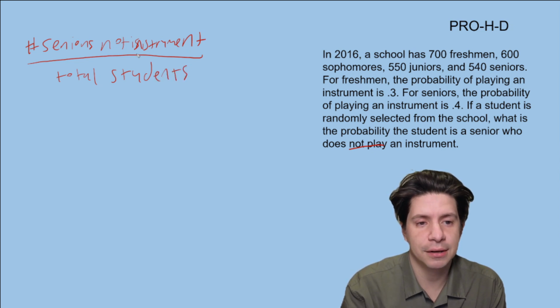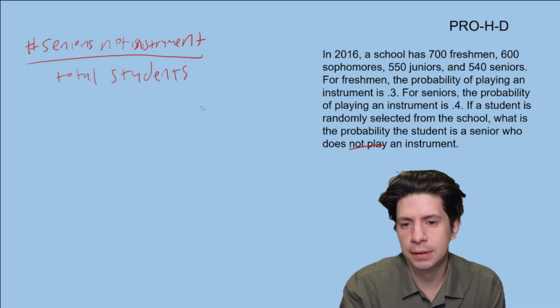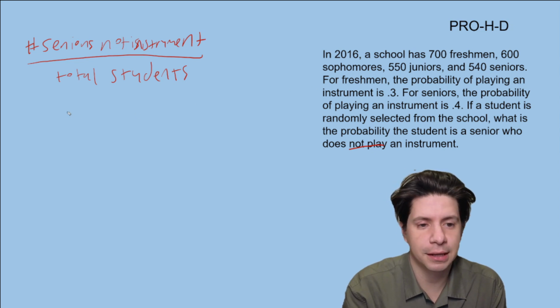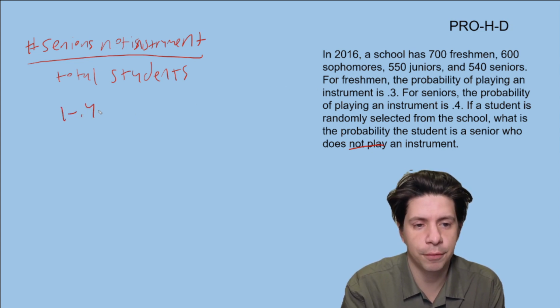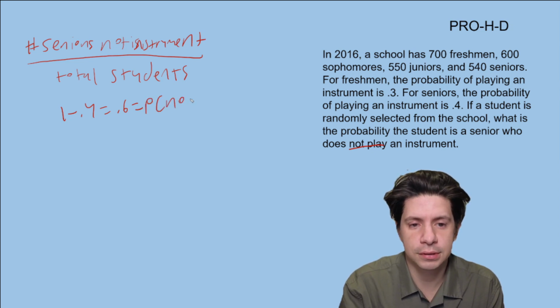So to do that on top, we're going to do number of seniors who don't. We're going to define that by doing 1 minus 0.4 equals 0.6, which equals probability P of no instrument.